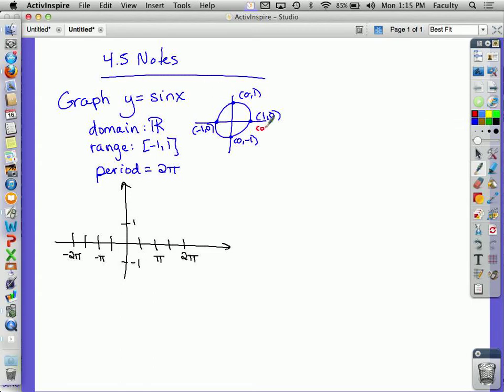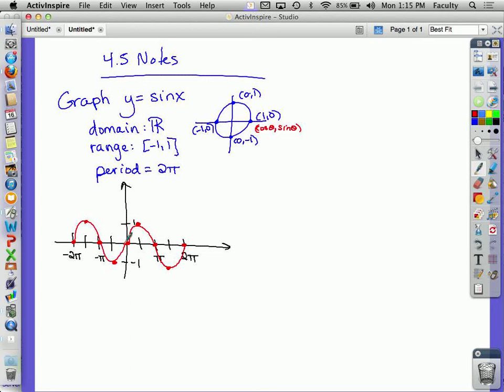Remember, every ordered pair goes cosine, comma, sine. So these are the y coordinates. So the sine of 0 is 0. I come up here and the sine of pi over 2 is 1. The sine of pi is 0. The sine of 3 pi over 2 is -1. And the sine of 2 pi is 0. And then you just follow the pattern, continuing it to the left.